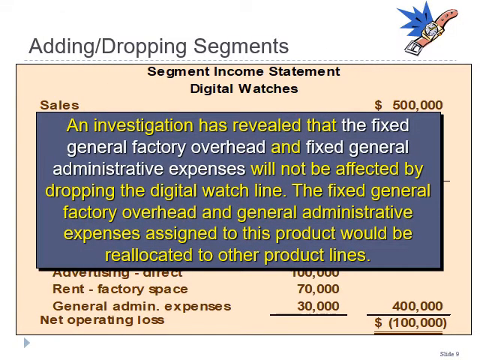An investigation has revealed that the fixed general factory overhead and the fixed general administrative expense will not be affected by dropping the digital line. In that case, the general admin expenses of 30,000 are not affected whether we drop it or keep it, right? This is not relevant.